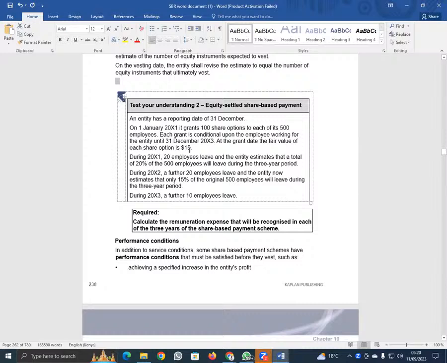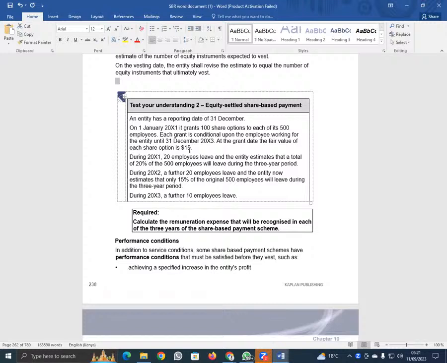Over the 3 years, I'll be using 15, 15, 15 for valuation. If it's equity settled, the price that existed when we made the promise about giving these shares was 15, and I shall stay with that price of 15 till the end, because this is equity settled, it's not cash settled.